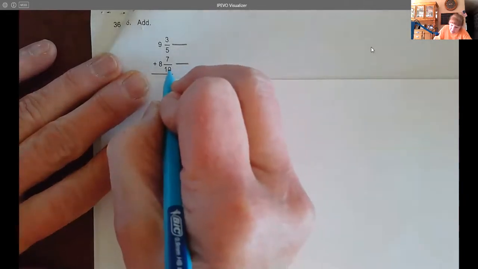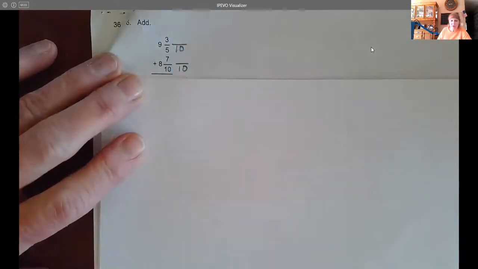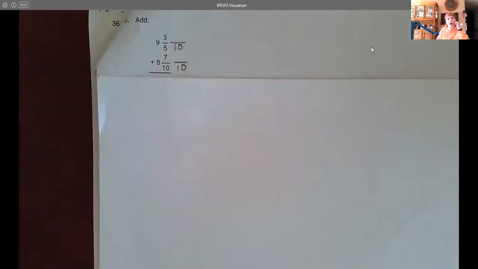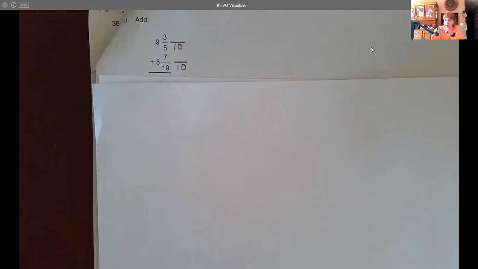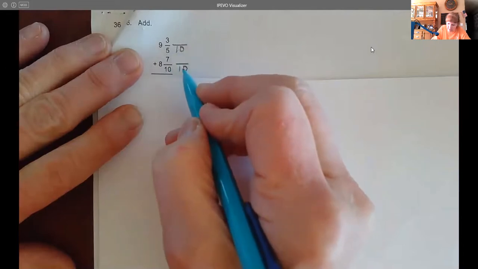But I'm going to put, okay, 10 goes into 10 and 5 goes into 10. So that's my least common denominator. I'm going to change 3/5 to a denominator of 10, and 7/10 is going to remain a denominator of 10 because both 5 and 10 go into 10.